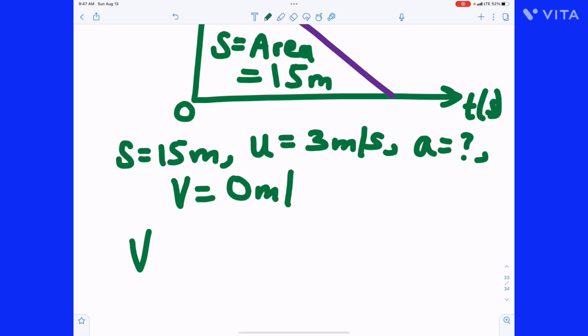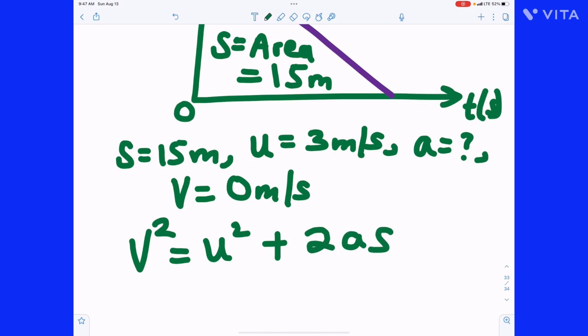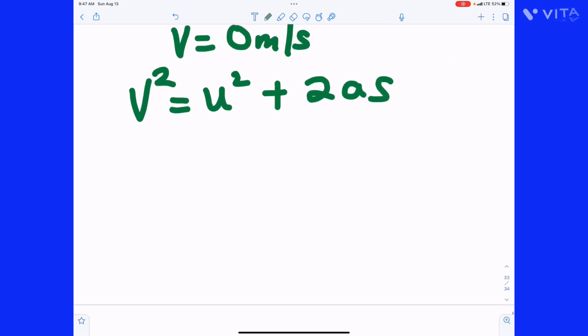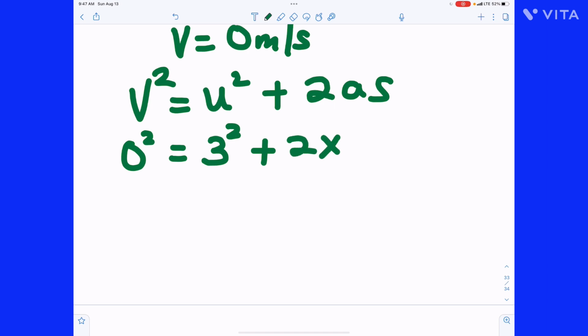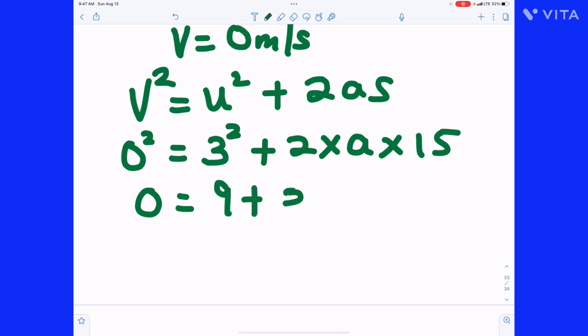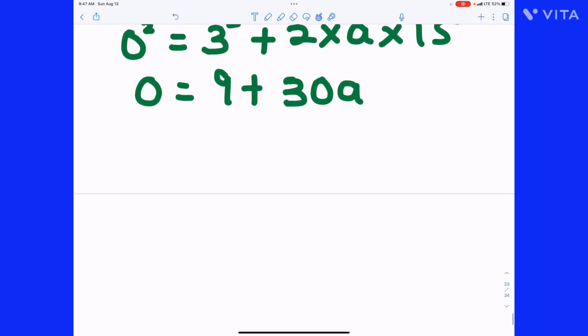The equation connecting them is V squared equals U squared plus 2AS. So 0 squared is equal to 3 squared plus 2 times A times 15. So 0 is 9 plus 30A.